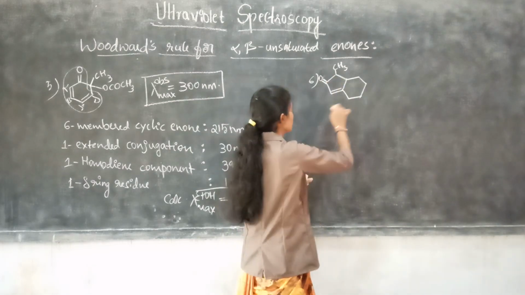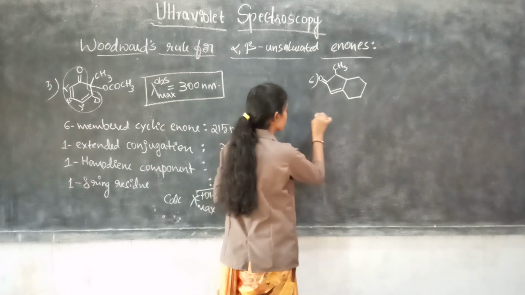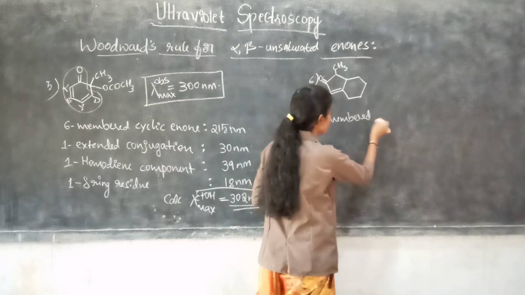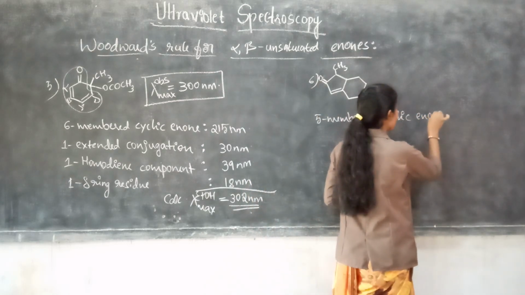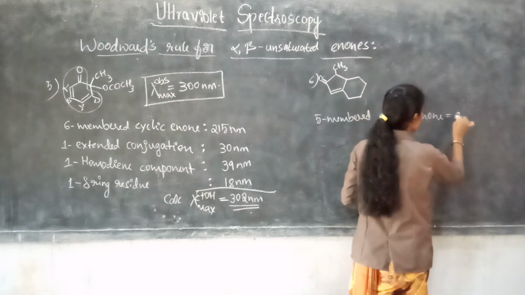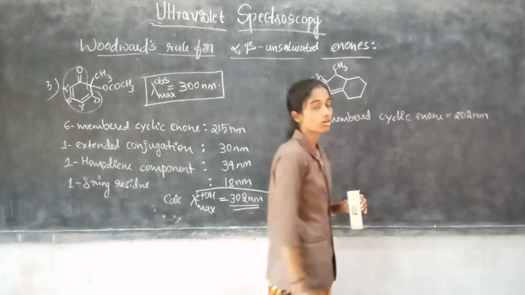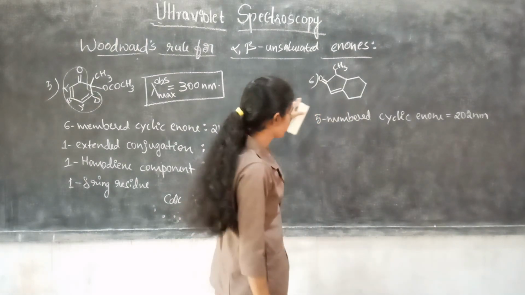The 5-membered cyclic enone is considered the parent chromophore, and there will be addition of 202 nanometer for this component.